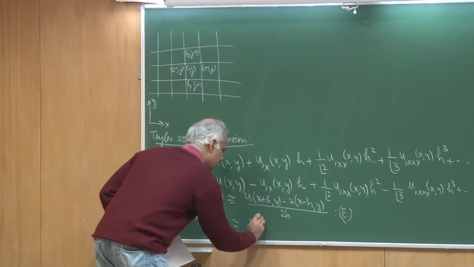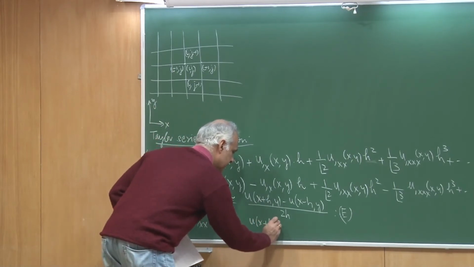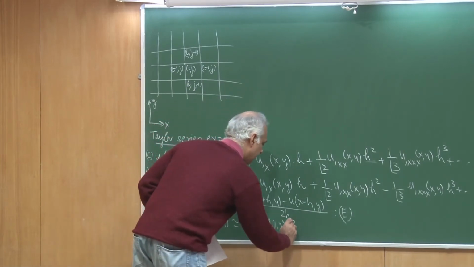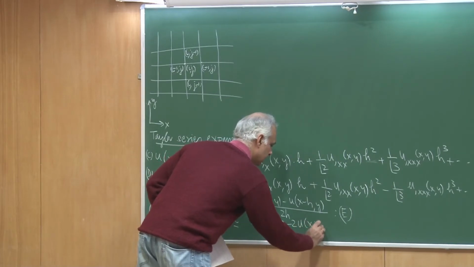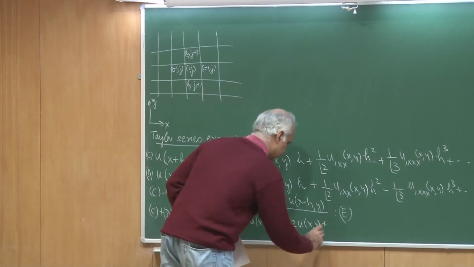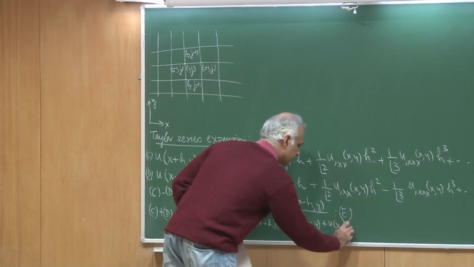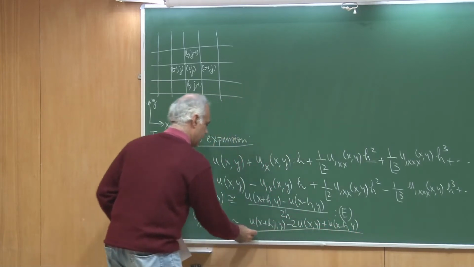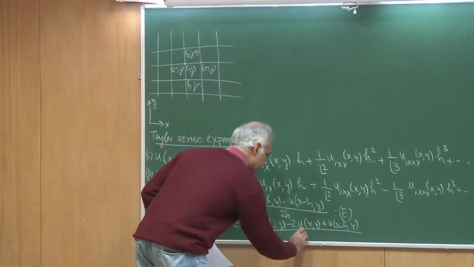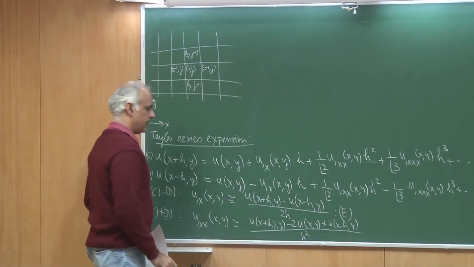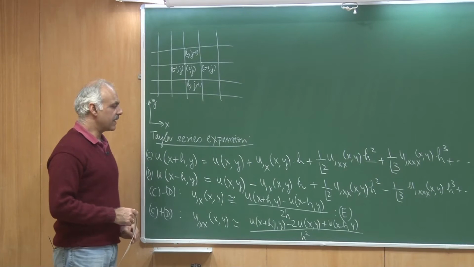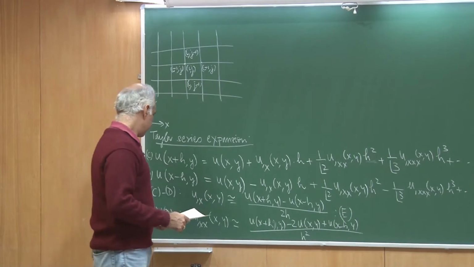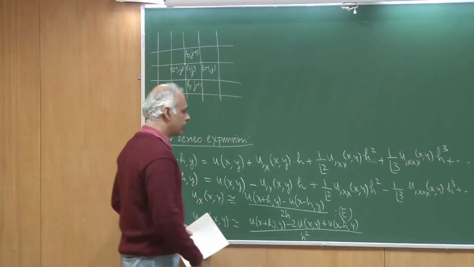So this would be u of x plus h comma y minus twice u x y plus u of x minus h comma y, and this whole thing divided by h square. And of course, again I am neglecting some higher order derivatives, and you can figure out what they are. Okay? So I am going to call this as F.